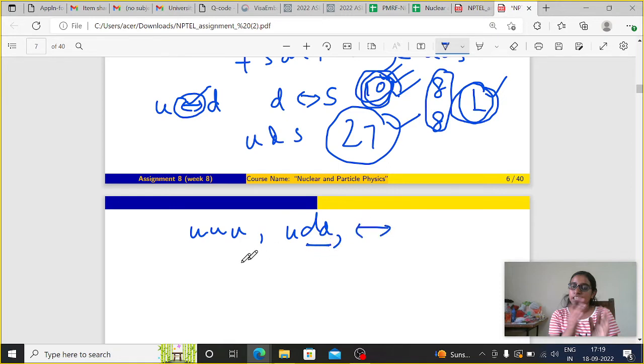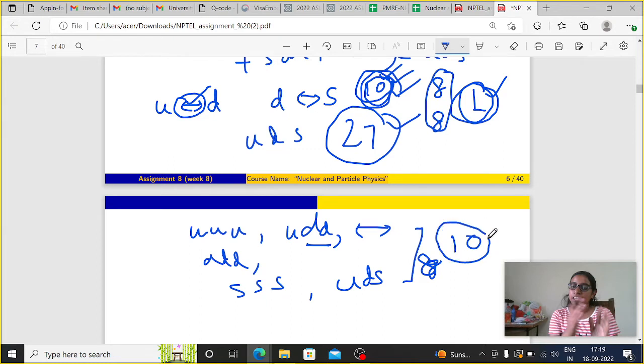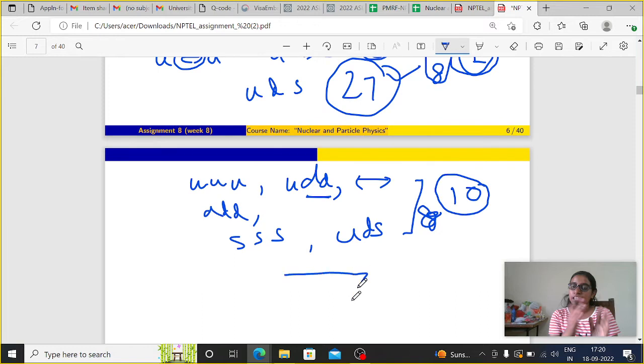I am not writing all the things. Then DDD and SSS and this type of things, as well as UDS. There will be a total of 10 configurations in such a way that they are all fully symmetric. That's why they will form a decuplet. Fine?